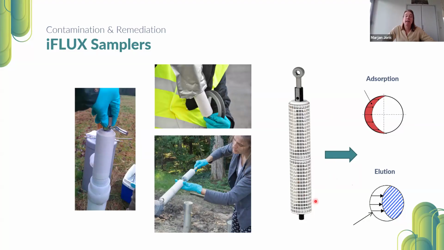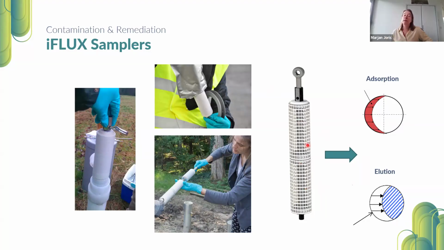It's filled with active carbon saturated with tracer alcohols, and the tracer alcohols elute while groundwater is flowing through. Then there are other types of cartridges filled with resins which adsorb contaminants or other compounds while groundwater is flowing through the cartridge. These cartridges are installed in wells.